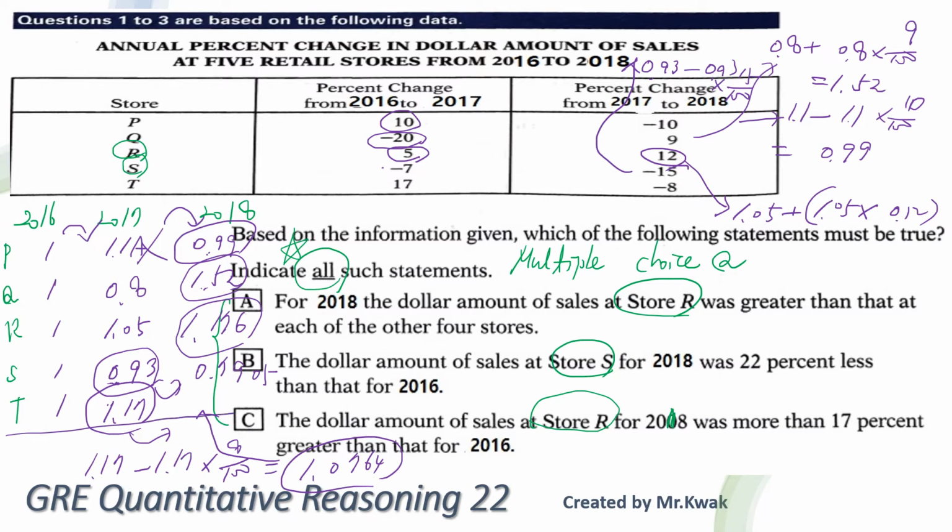So we found all of the numbers in every year and every row.